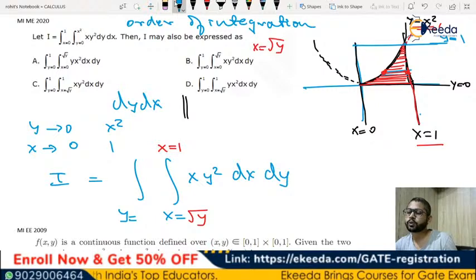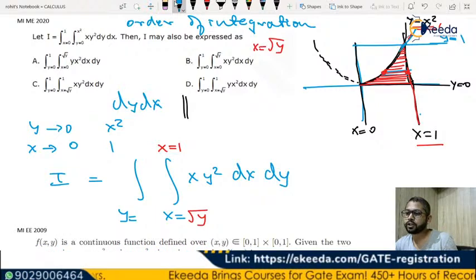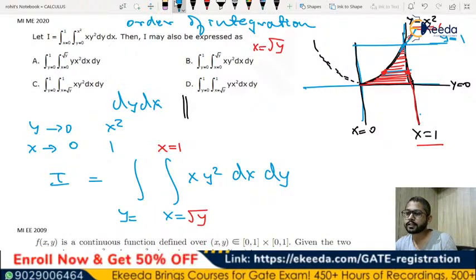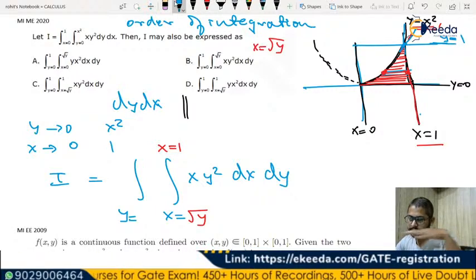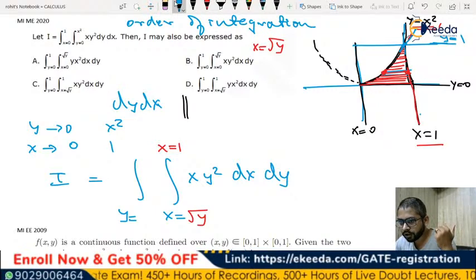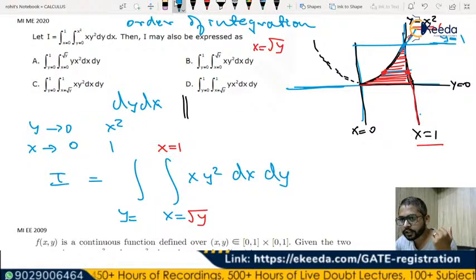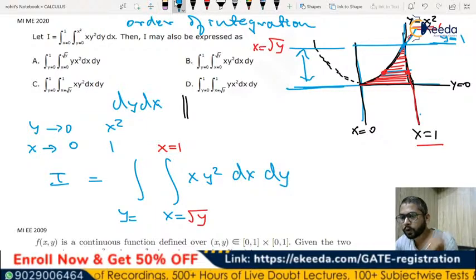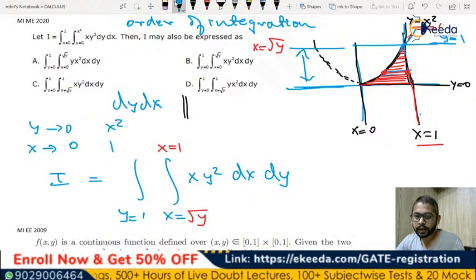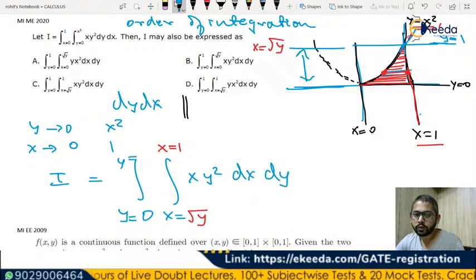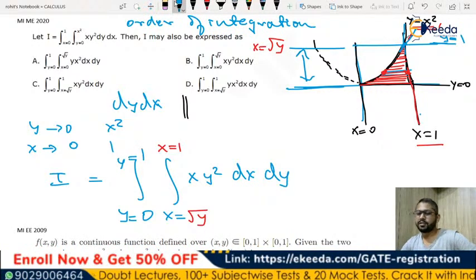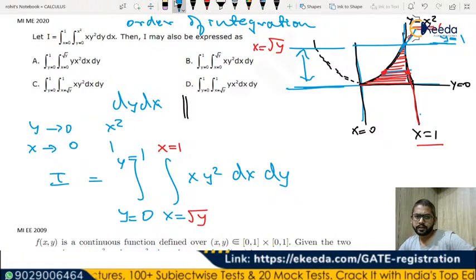So y is equal to x square will give you the value of y, right? The intersection of y is equal to x square and x is equal to 1 gives you this point. So that means these horizontal elements are defined from the region of y is equal to 0 to y is equal to 1. So that means the limits for y will be from 0 to 1, right?